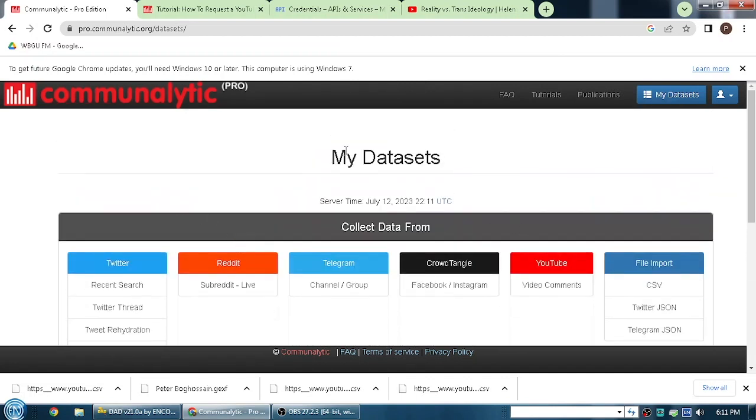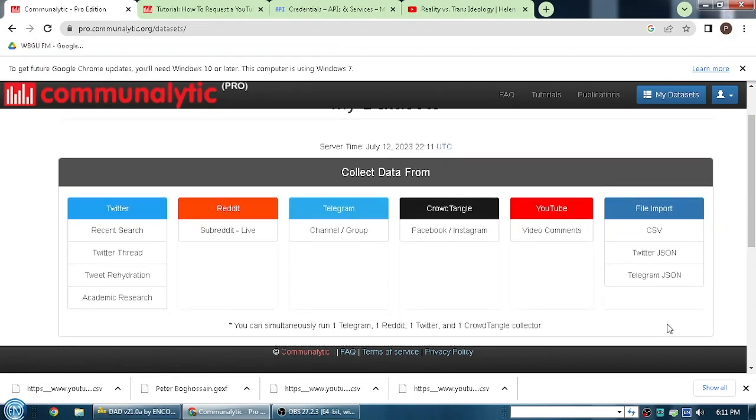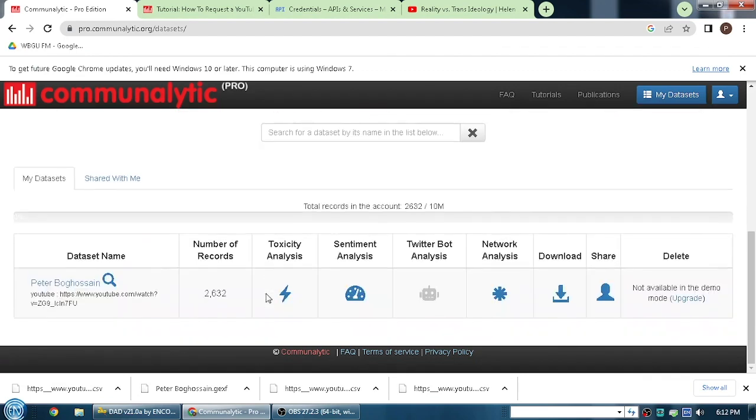Obviously, Communalytic can be used for different things such as existing data sets that you might have, or even the ones that I've downloaded from this particular data set can be re-imported and evaluated again in comparison to other data sets from other users, other people, whether that's like-minded individuals or opposite-minded, who knows, right? These other platforms could be used for this.